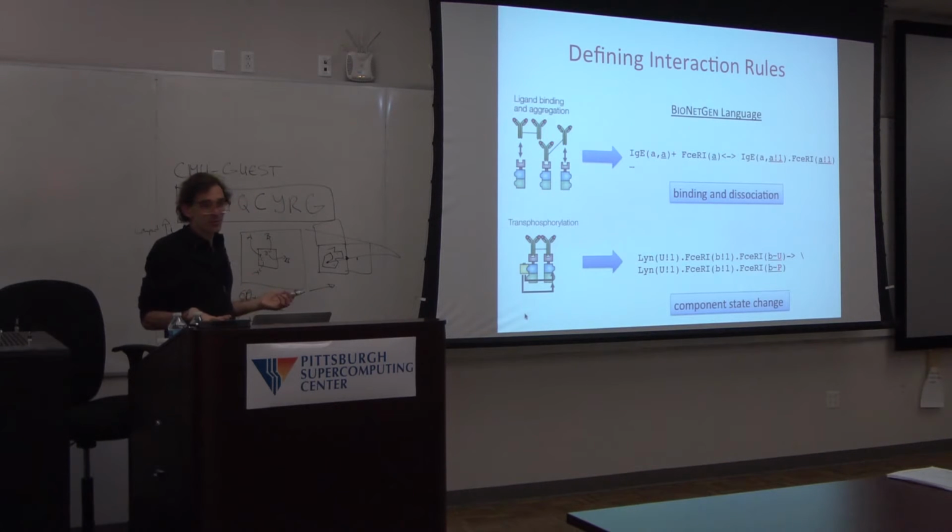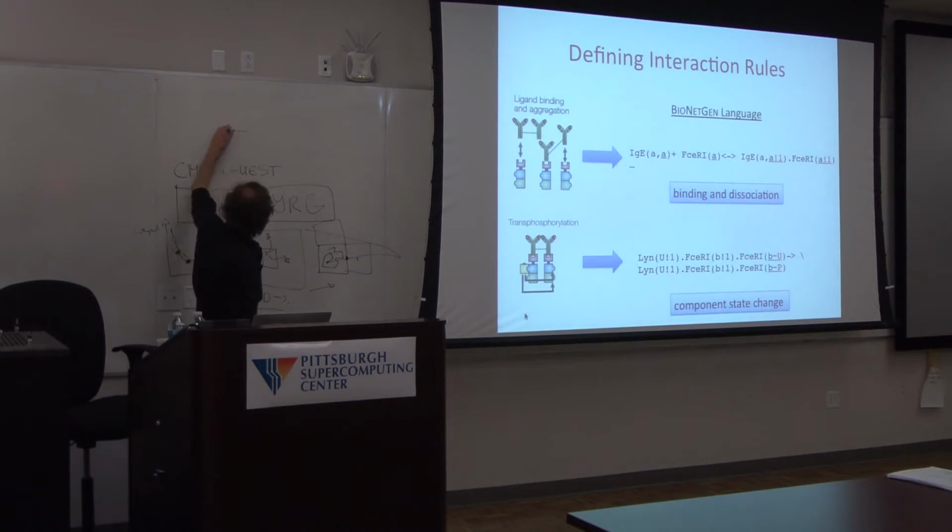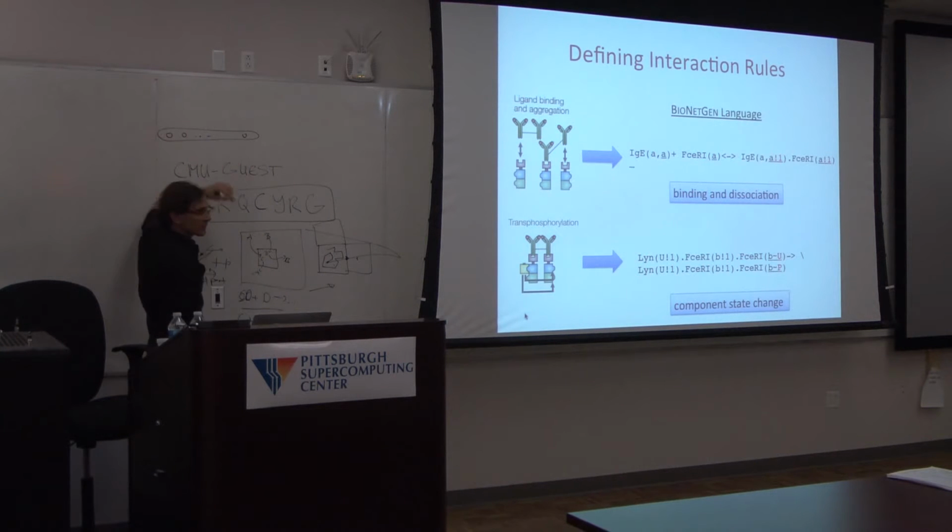There are different ways you could try to represent that symmetry. One way is to make one big molecule that has 12 components. Say there's a tyrosine or a threonine that gets phosphorylated, and you call that T1, and you could make 12 of them.